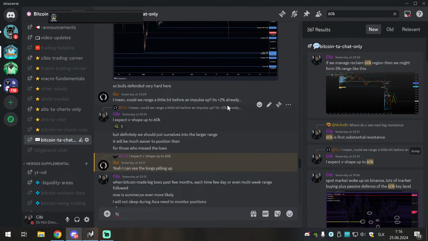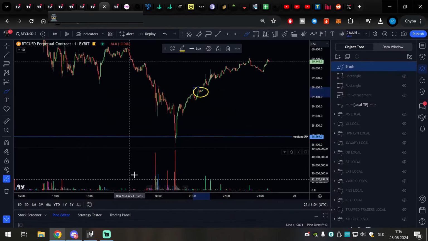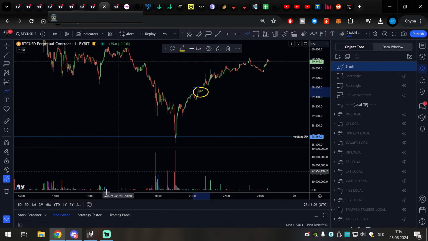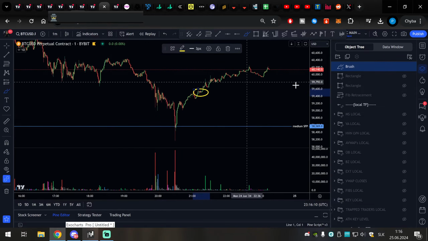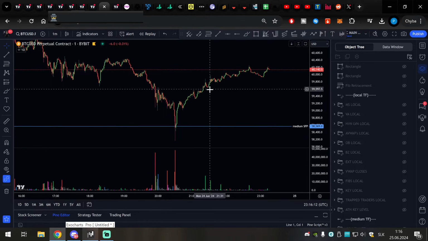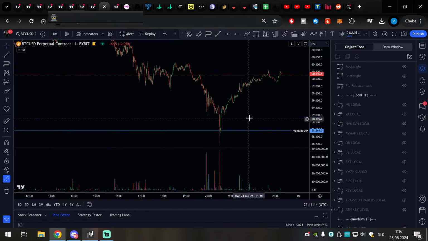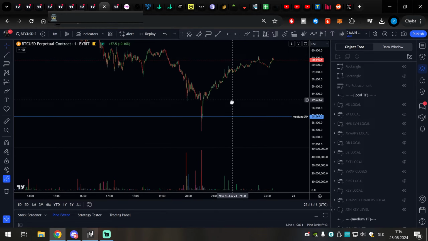It's 2+% already. And I was replying, I expect 60k to be hit with a V-shaped recovery. Do you see any pullback? This was a V-shaped recovery. This is again the systemic side of me, knowing what to expect from the market.